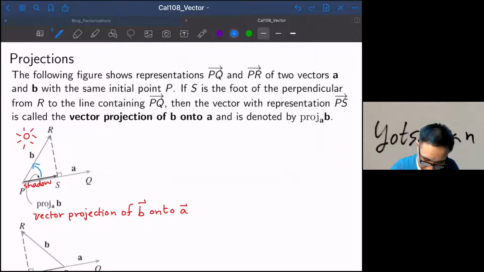So if you have theta, which is this guy, you're going to see that from trigonometry, you have the norm of the projection.